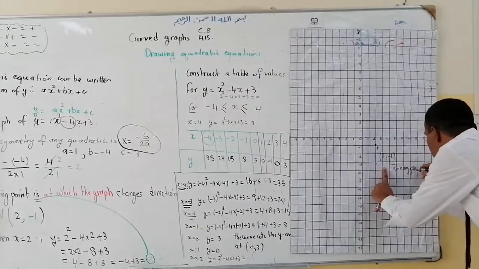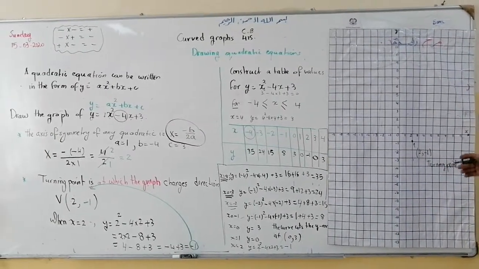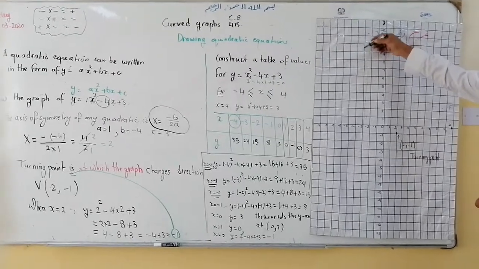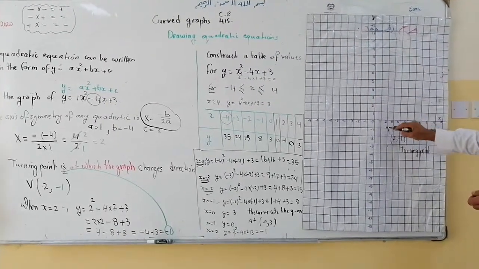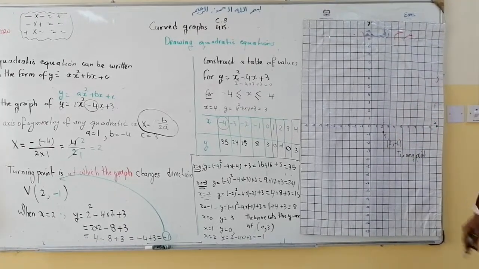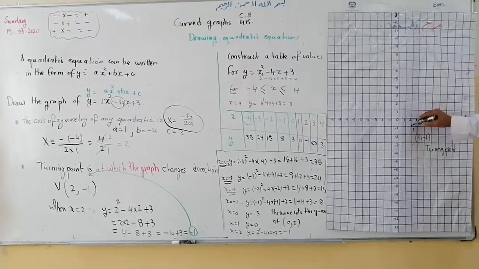Okay? This is the turning point or vertex, which means the graph will change direction. When the graph is going downwards, at this point immediately the graph will go up. So this is the first point.